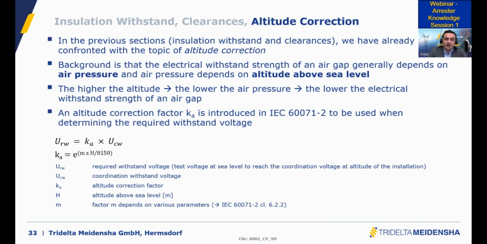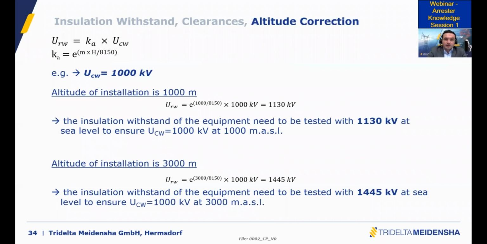And most of the time, depending on IEC, I know there is a difference between IEC and IEEE regarding this topic, but typically for IEC it's 1,000 meters. So all the ratings which are standardized for high voltage equipment are done at 1,000 meters. The calculation is quite simple.